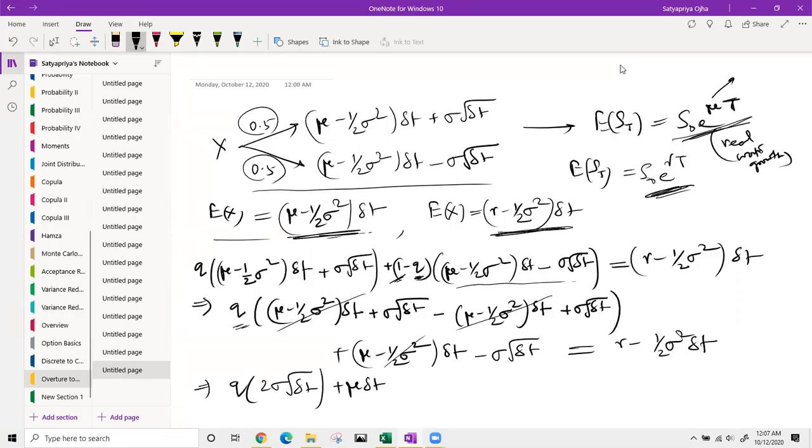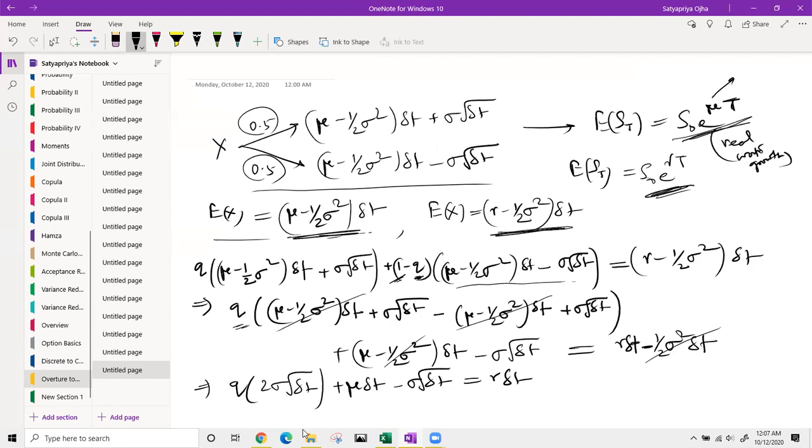I think this and this gets cancelled. Mu delta t minus sigma square root of delta t equal to r. I missed a delta t here. R delta t.